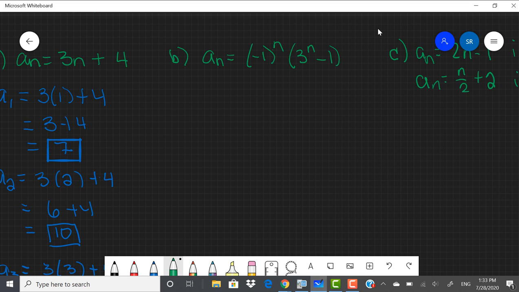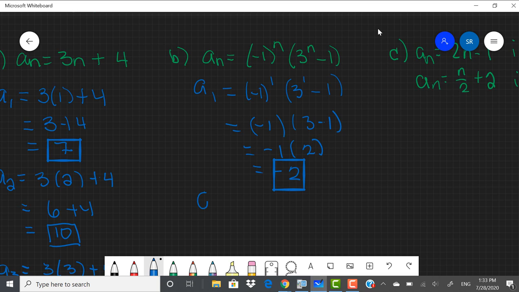So what we're going to do for this one is say the first term equals negative 1 to the first power times 3 to the first power, take away 1. So then this just equals negative 1 times 3 minus 1, or negative 1 times 2, negative 2.